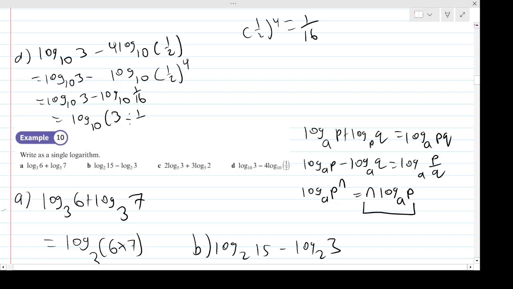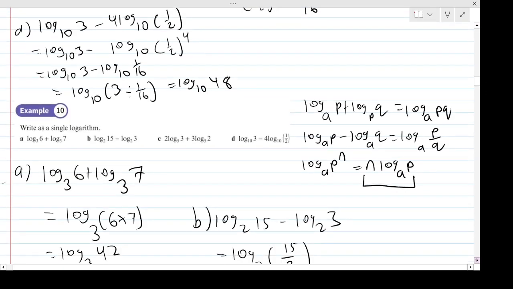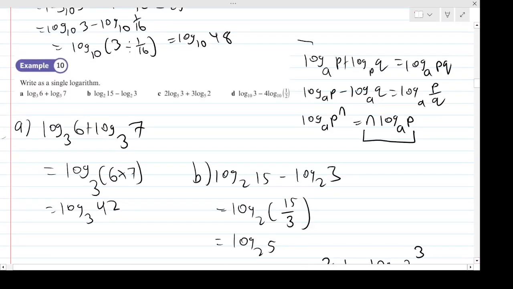If we put that in the calculator, 3 divided by a 16th is 48. So the answer is log 10 of 48. There we are. So that is the whole essence of this little subchapter: just applying these log laws.